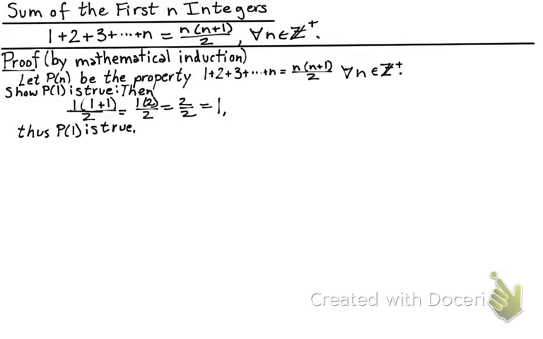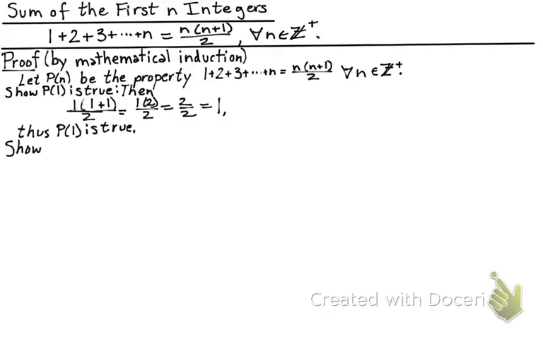Now, we need to show that for all integers greater than or equal to 1, if the property is true for n equals k, then it is true for n equals k plus 1.